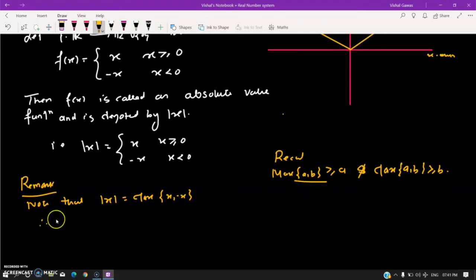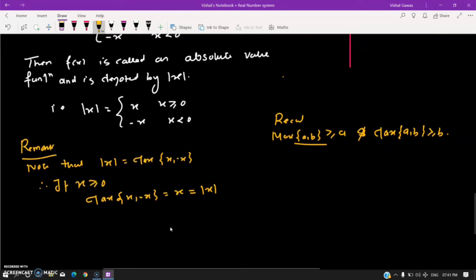Therefore, if x is bigger than or equal to 0, what will happen to the maximum of x and negative x? This would always be x. By definition of the modulus function, this is modulus of x. Whenever x is 0, modulus of x is x.